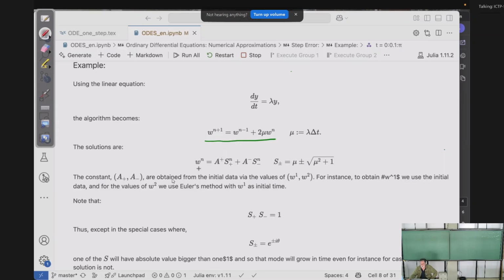You can plug this in here in the solution, and you will see that there are 2 values, s plus and s minus. These a's are arbitrary values, and these are the 2 solutions, which are the roots of this second order polynomial. If you plug in s_plus to the n and s_minus to the n, you get a quadratic equation for s, and from that equation you get these 2 solutions.